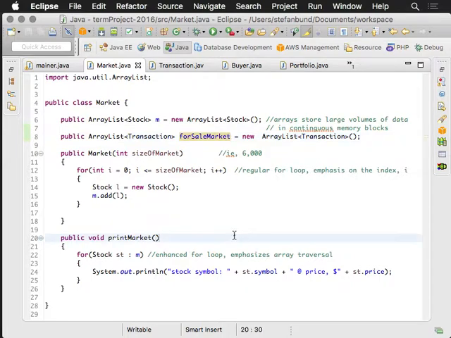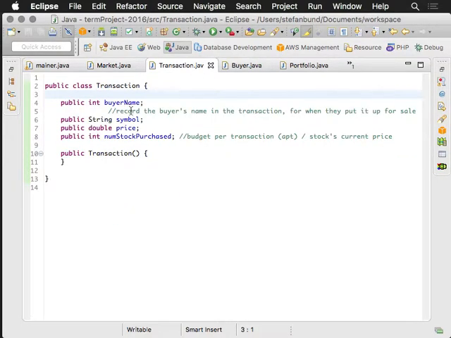So I hope that is a reasonable demo, and I hope you definitely slow the video down a few times and look through the code quietly, carefully, line by line, and add these new lines, and maybe pause the thing and code along with it. But think architecturally. Understand that the market has a new component called the for sale market. It's a new data structure that holds transactions, and transactions have that buyer ID right there, that record the buyer's name.